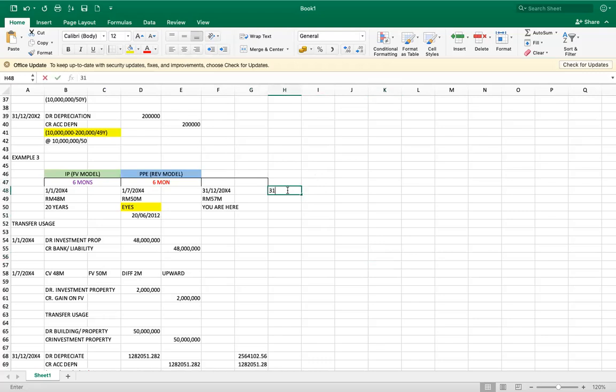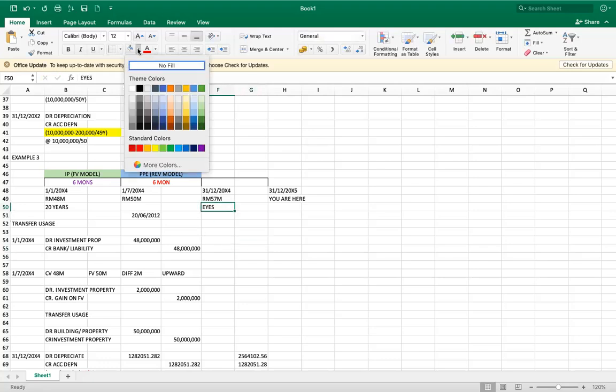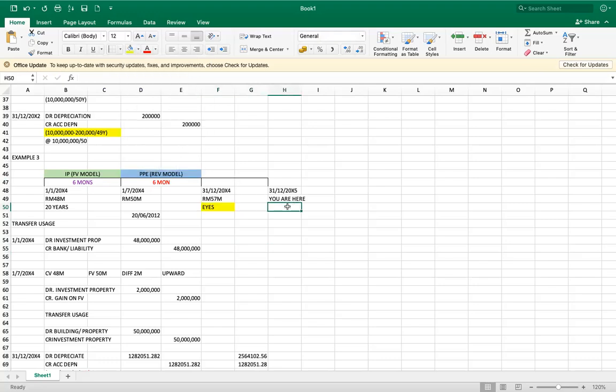Okay, if let's say we put here 2000x5. At this point, you are here. When you want to do your depreciation, your eyes will move to the next point, which is here.